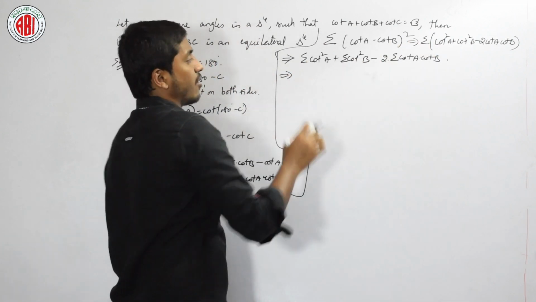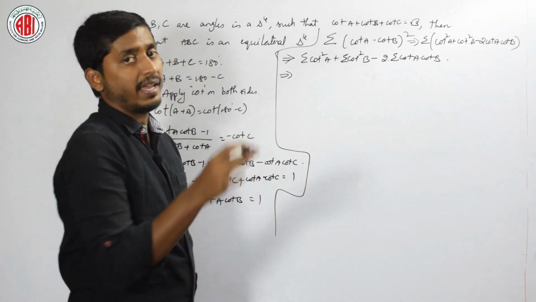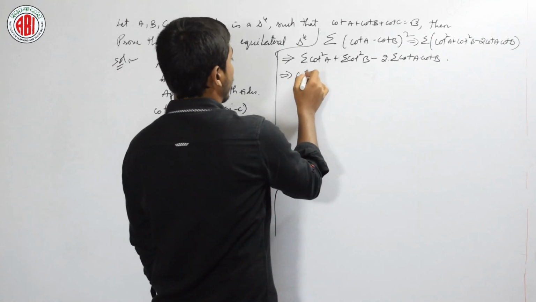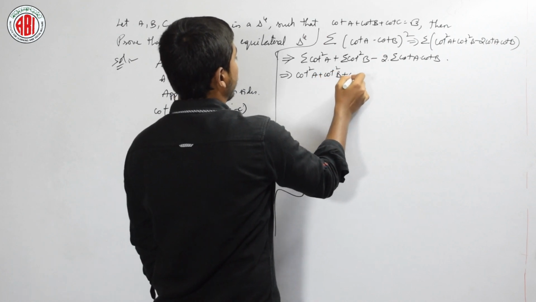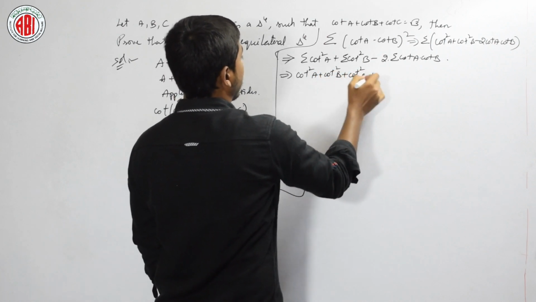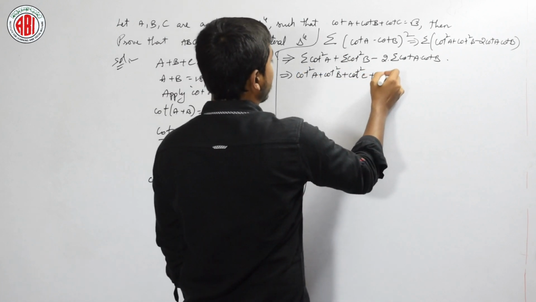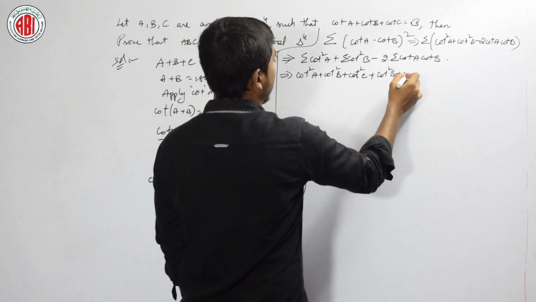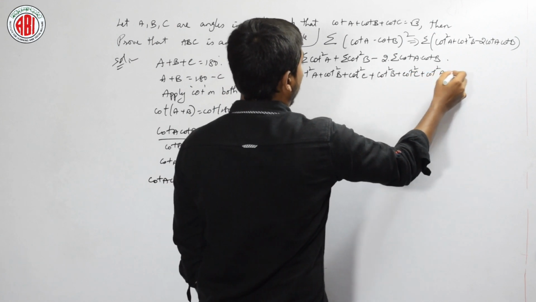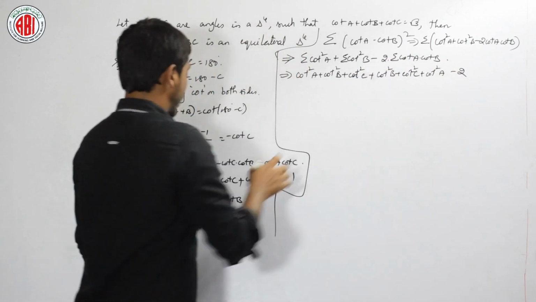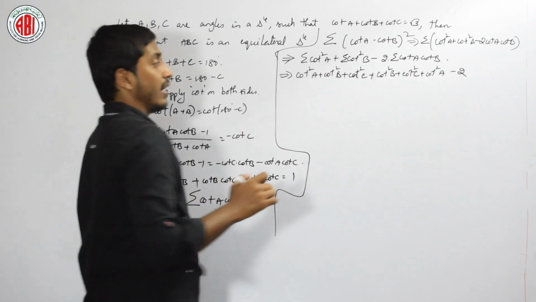Now see here, summation cot square A can be written as cot square A plus cot square B plus cot square C. Again, summation cot square B can be written as cot square B plus cot square C plus cot square A, minus 2 into summation cot A cot B, which is nothing but 1.